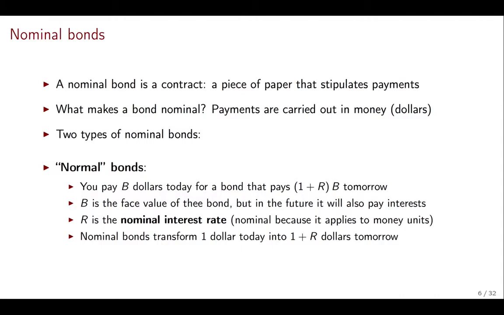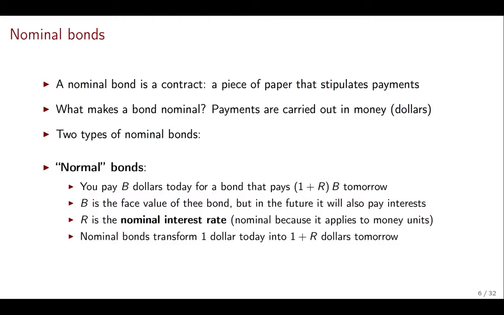The payments here are: you pay B dollars today, you get (1 + R) times B dollars in the future. We're going to call B the face value of the bond. In the future, though, it's going to pay interest. R is going to be the nominal interest rate. Again, nominal because it pays in dollars. And so nominal bonds can be used to transform $1 today into 1 + R dollars tomorrow.